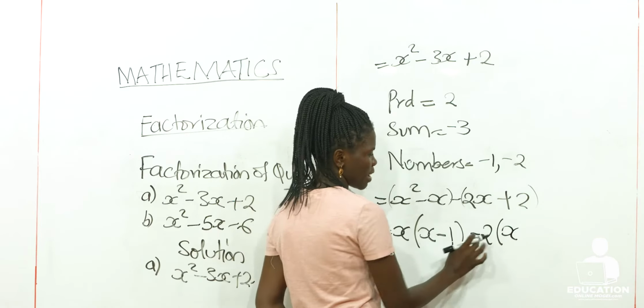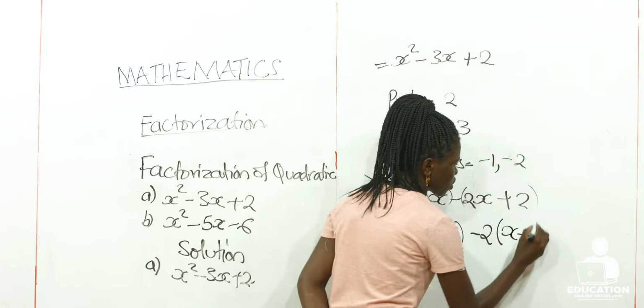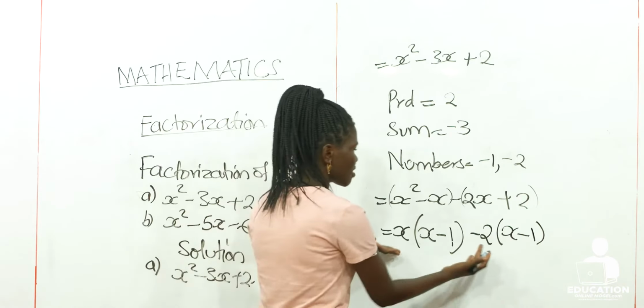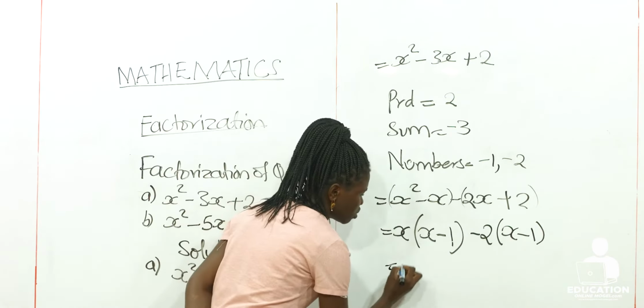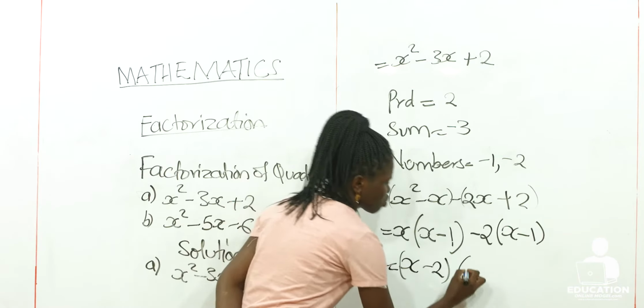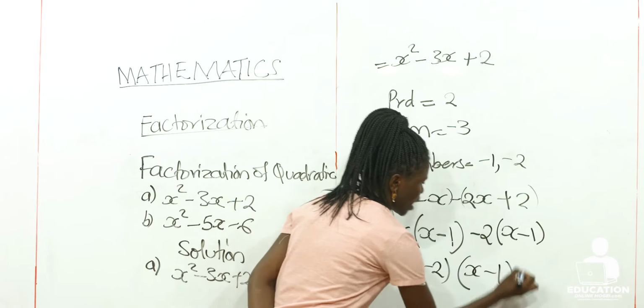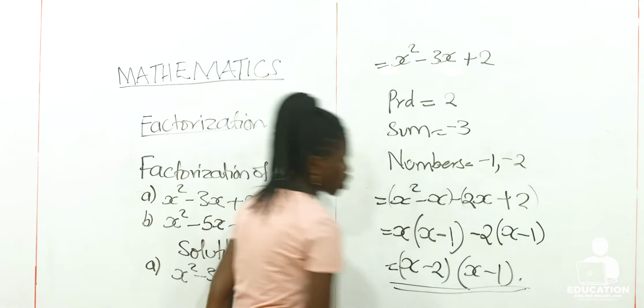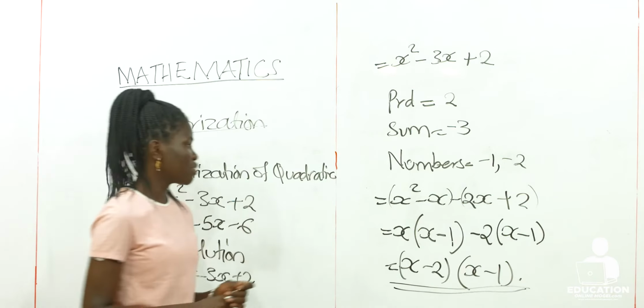Then positive 2 divided by negative 2 will give us negative 1. Consider that the 2 brackets are the same. So our first factor will be the values outside, which is going to be x minus 2, and the second one is going to be x minus 1. And these are going to be our 2 factors as requested.